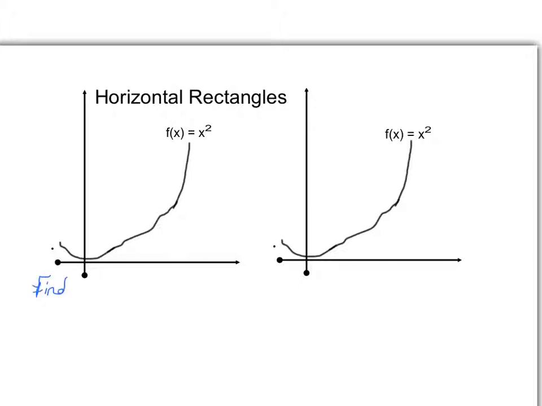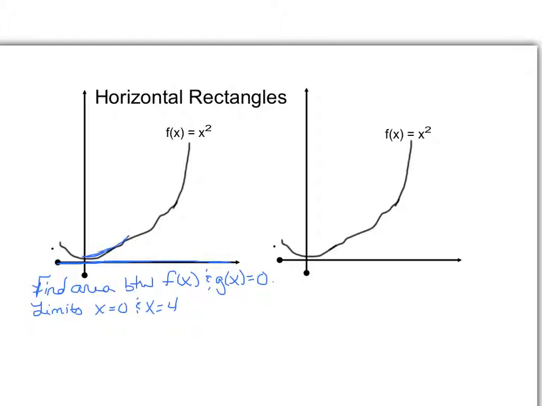So I'm going to find the area between f of x, which is listed above, and g of x equals 0, and my limits are going to be x equals 0 and x equals 4. My g of x equals 0, remember, is this line down here. So I'm finding the area between this line and essentially this curve here.